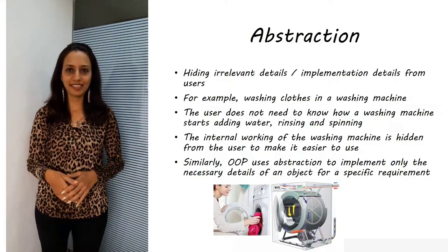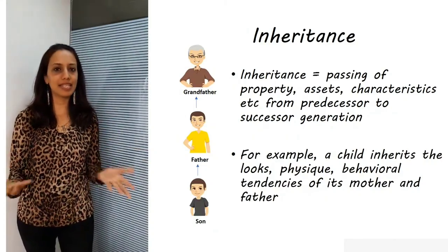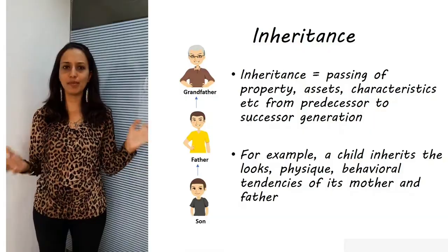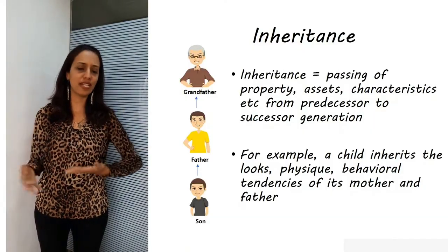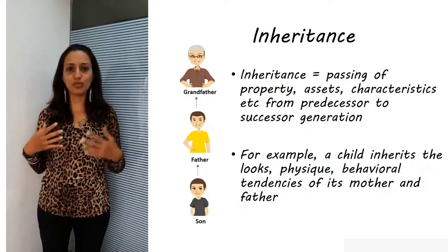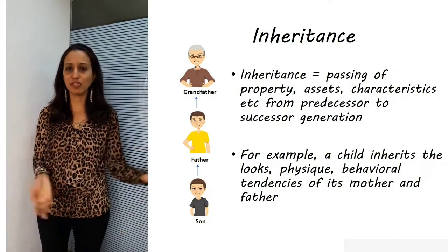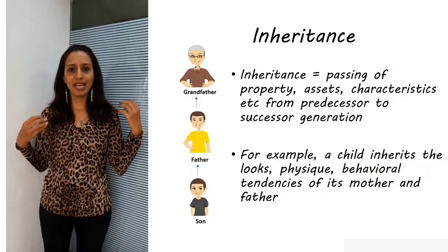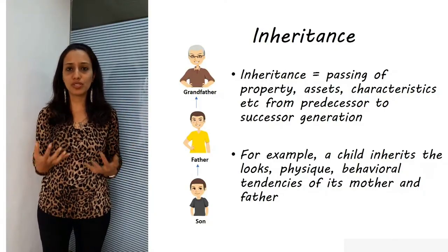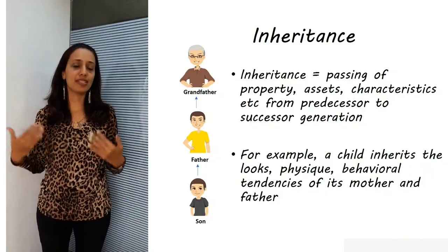Let's go ahead. Right, so the next object-oriented programming principle is inheritance, a very simple concept which is part of our day-to-day life. Inheritance is something that allows you to pass on your characteristics, your inheritance, which could be money, property, assets, behavior, looks, everything, to your next generation or your successors.